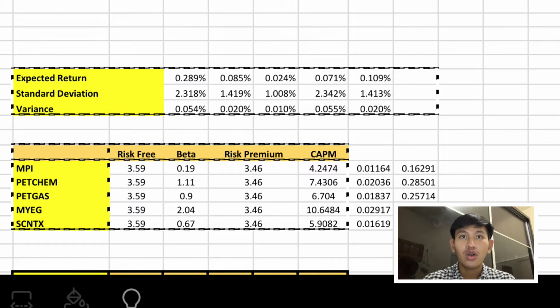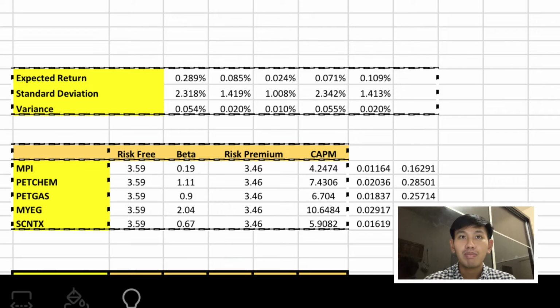The beta for MPI is 0.19, Petronas Chemical is 1.11, Petronas Gas is 0.9, MyEG 2.04 and Sintex is 0.67. We understand that beta is to understand about the volatility of the stocks, and we can see that beta of 2 of the companies, which is Petchem and MyEG, is more than 1, meaning it is volatile. But the rest of the 3 companies are less volatile compared to the other 2.